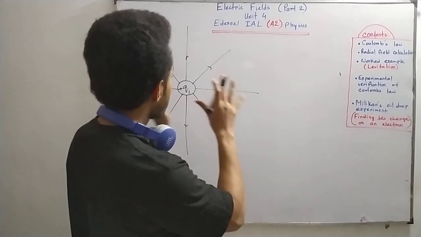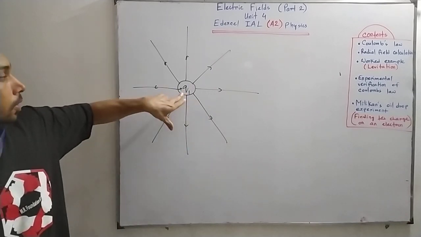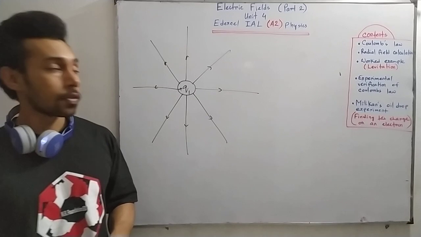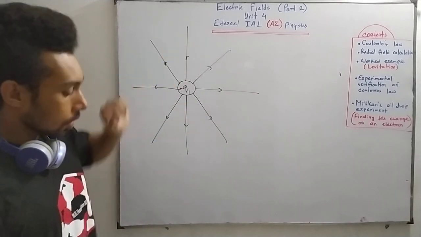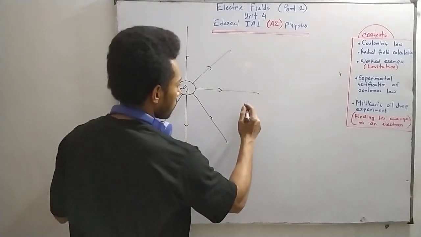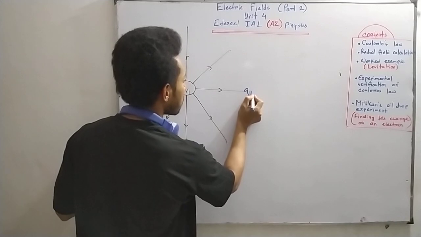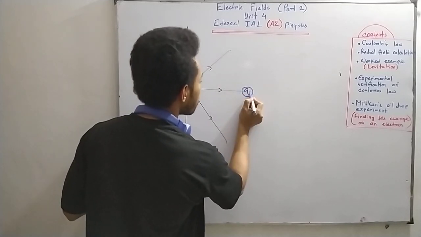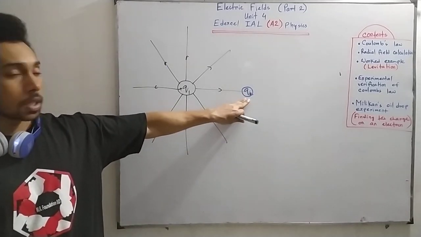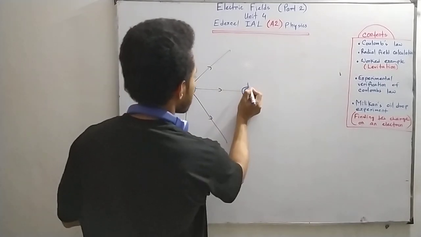This is a radial electric field produced by a charge Q1. And suppose you have brought another particle, another object that has a charge Q2 on it, and consider this is also positive.